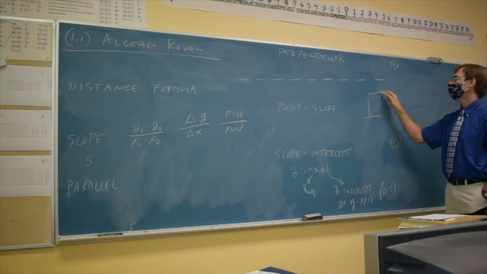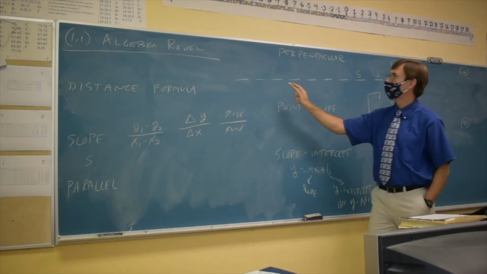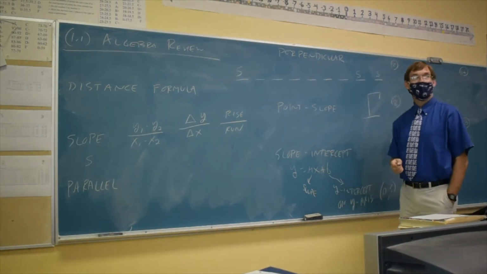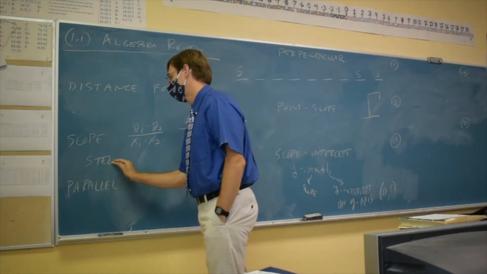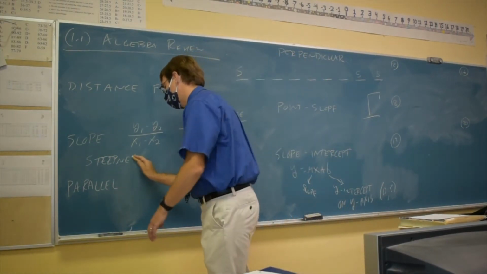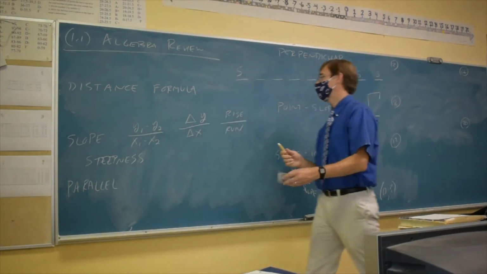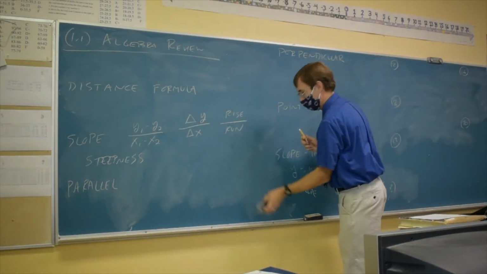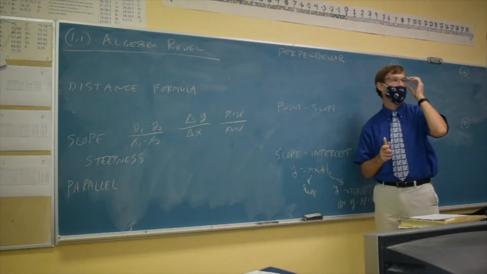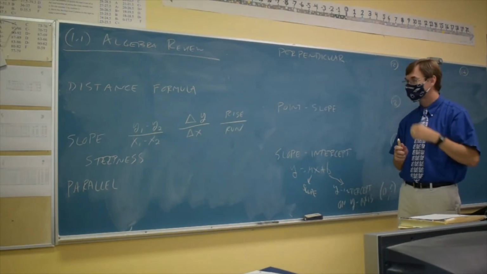Steepness. Oh, you got it. Right out of the gate, she didn't even need any letters. Slope is just the steepness of a line. The steeper it is, the more the slope is.